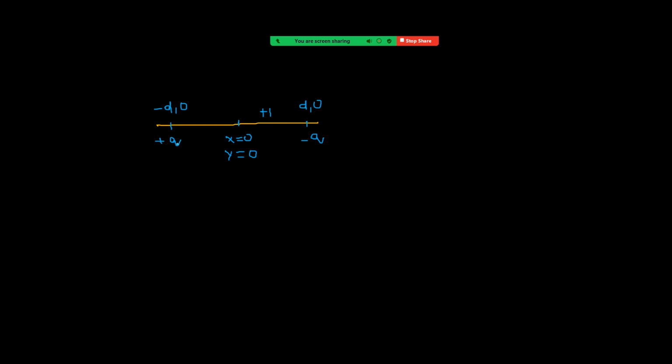This positive charge repels this positive charge, so the direction is right side. This negative charge attracts, and that is also right side. That means at any point in between these two, the direction of the field is right side.